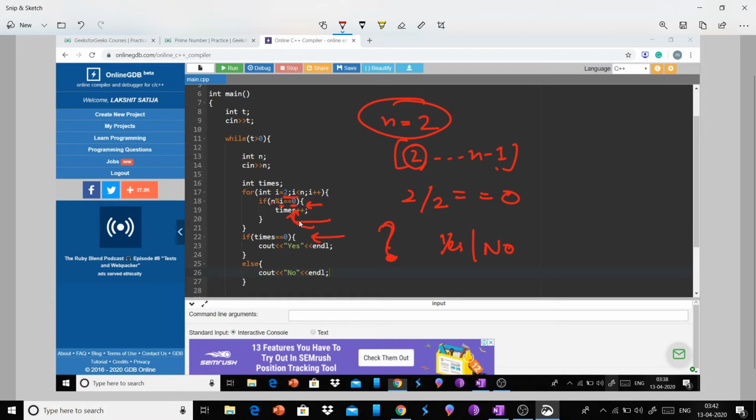The value of times will increase, right? And then the if will not run, else will run, right? So some of you must be thinking that the output should be no, right? But no, you are wrong, the output will be yes only.